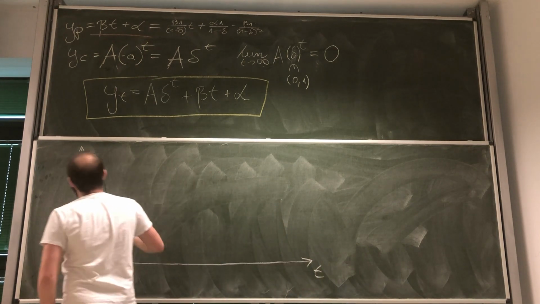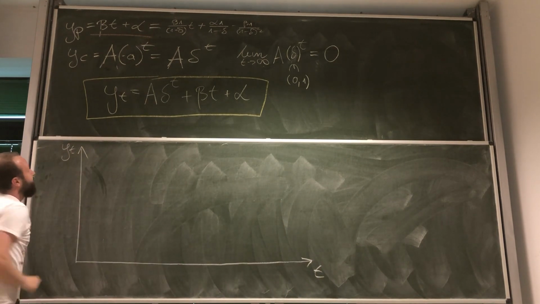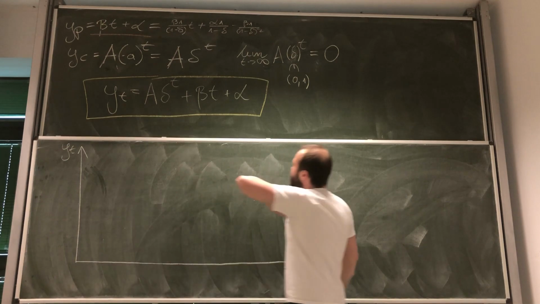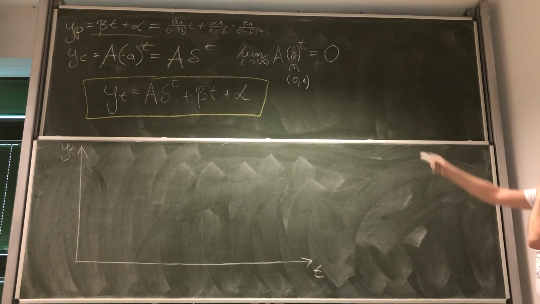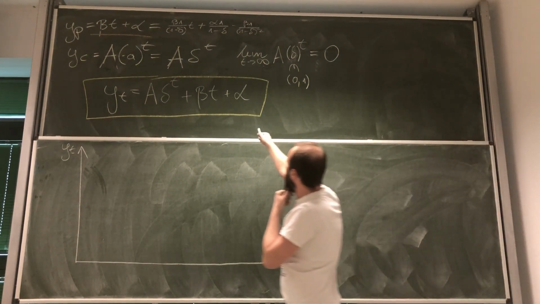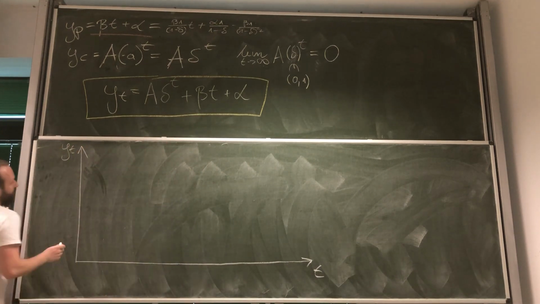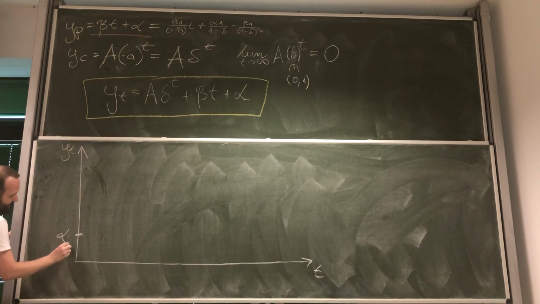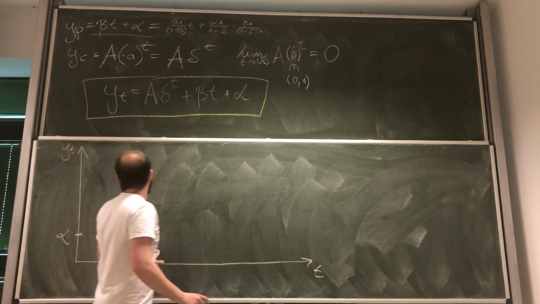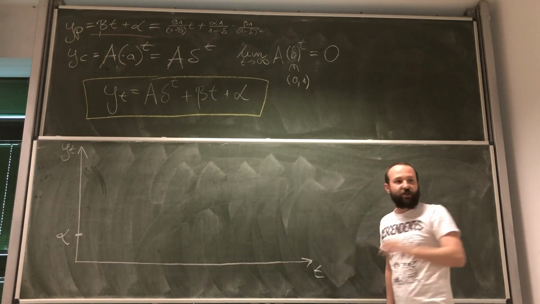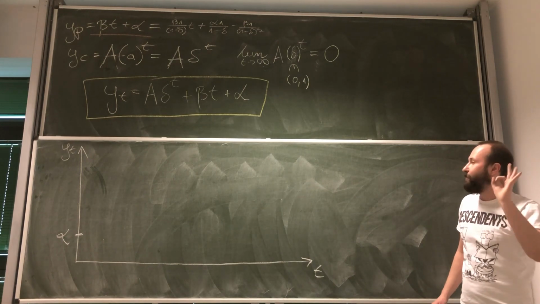Here we've got t, here we've got y. Let's forget for a second about the complementary function and take the particular solution. We see that when t is 0, y is alpha, and from this point on, each time period, yt increases exactly by beta.